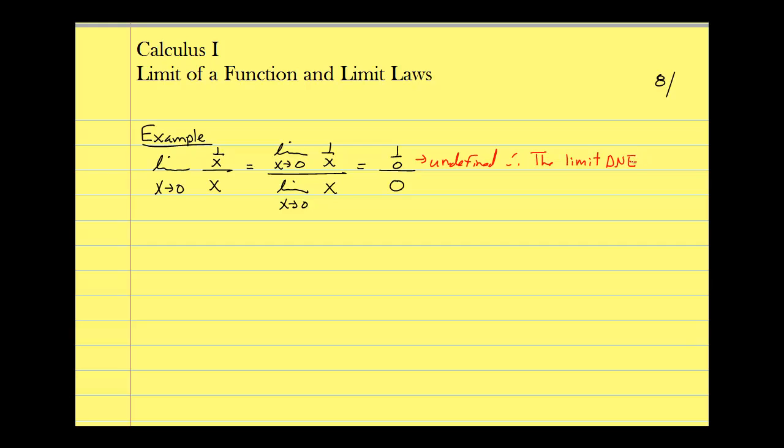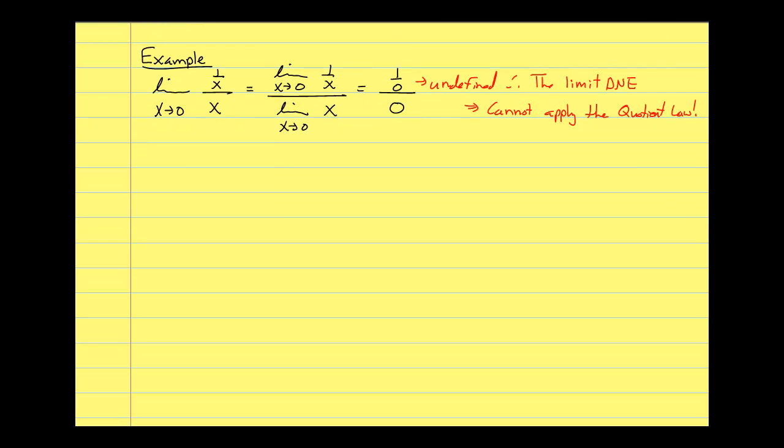And because the limit doesn't exist, I can't apply the quotient law. So in other words, I cannot say the overall limit does not exist. So I'm going to have to think of some other way to work with this.